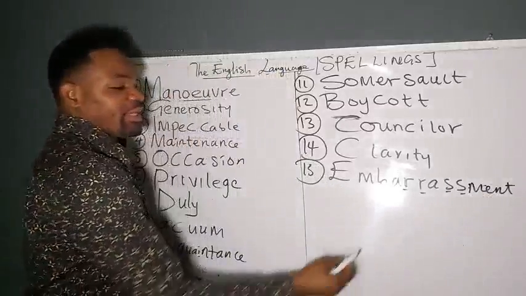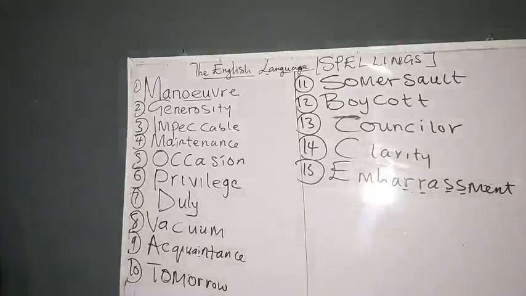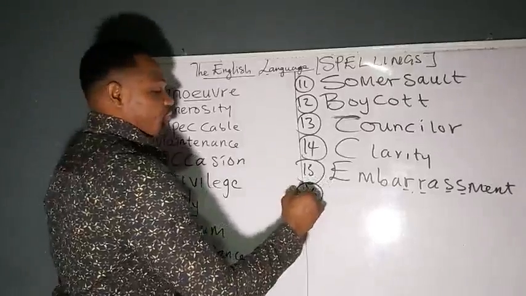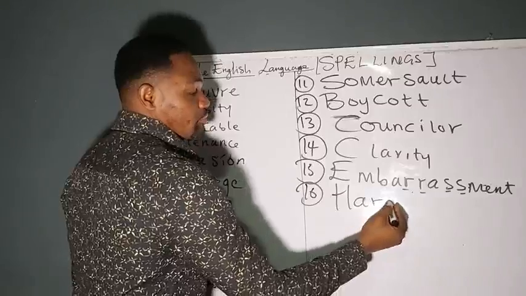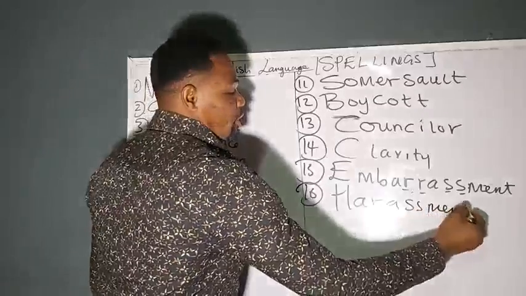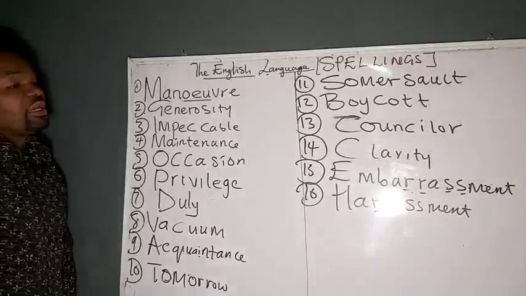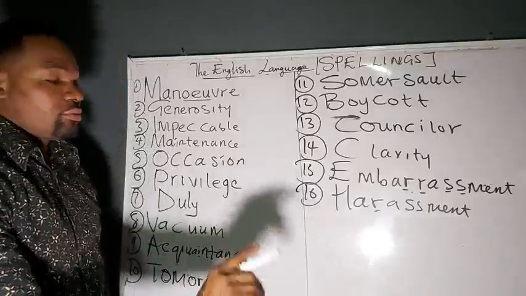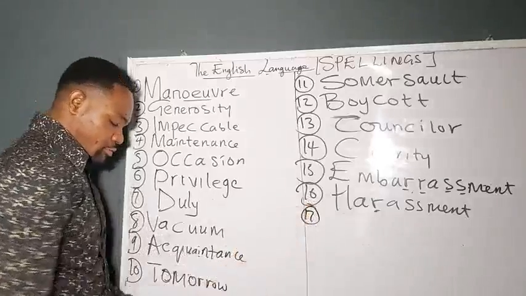So embarrassment is double R, double S. Please note, it's very important. Then the word harassment: one R, A, double S. So the difference between embarrassment and harassment is that embarrassment has double R, double S, while harassment has one R, double S.